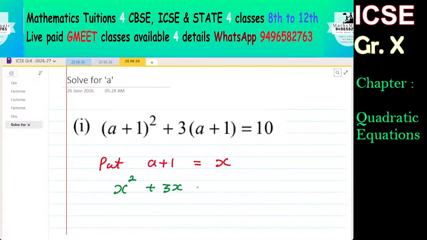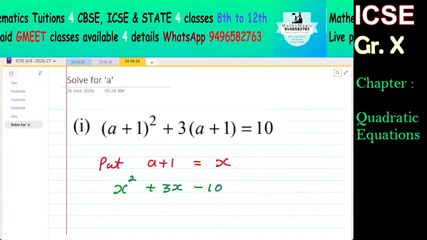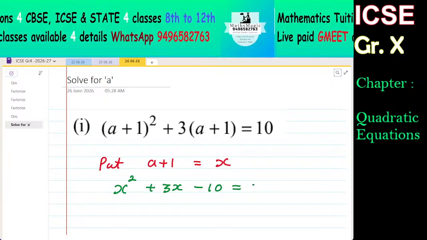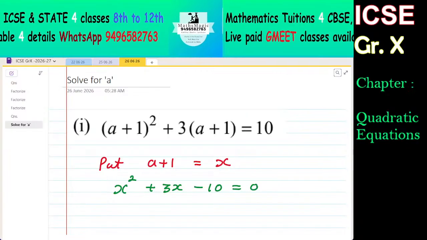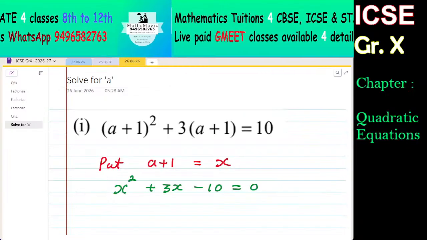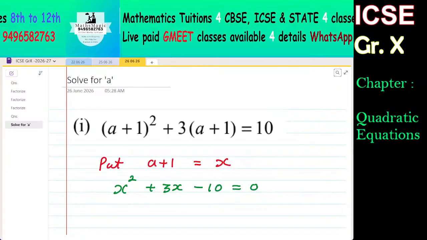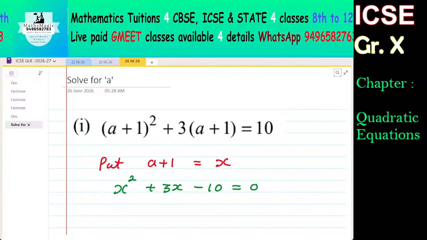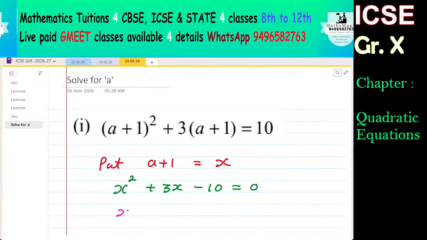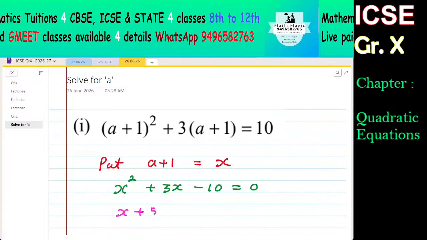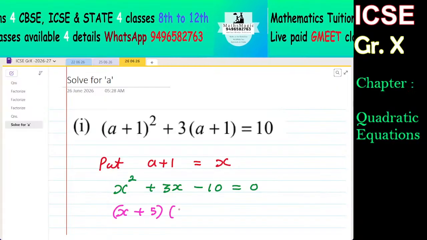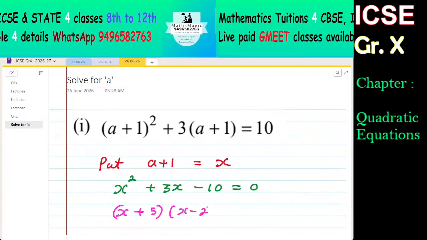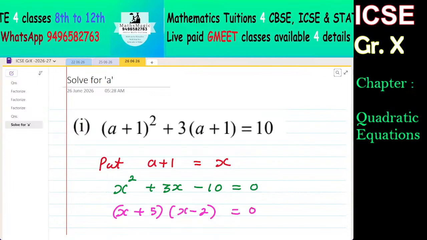If you make it a quadratic equation, you can write minus 10, which will be equal to 0. x squared plus 3x minus 10 equals 0, which could be factorized to (x plus 5) times (x minus 2) equals 0.